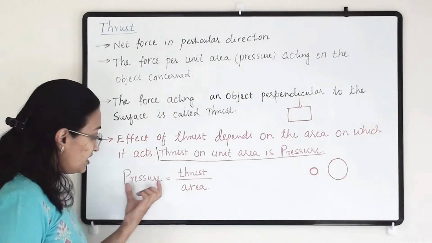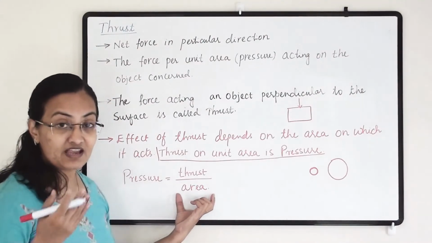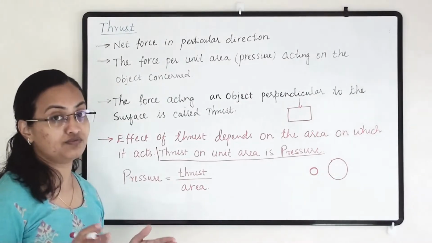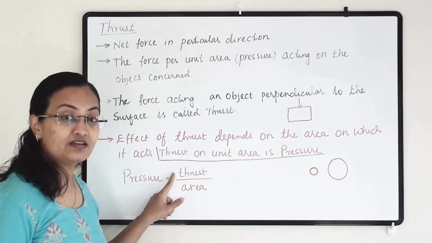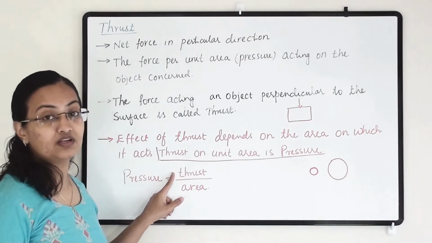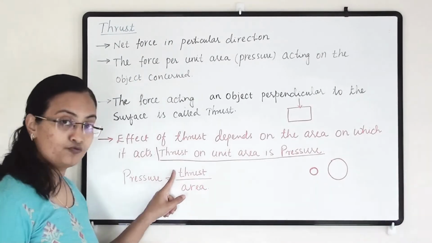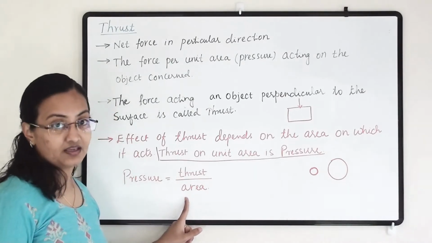So pressure is inversely proportional to area. As area increases, the pressure decreases, and as area decreases, the pressure increases. Thrust means whatever force you are applying in the perpendicular direction to any particular object. So pressure equals force in the perpendicular direction divided by area.